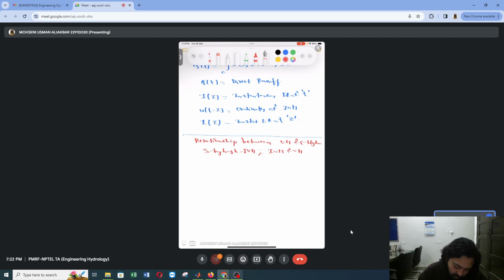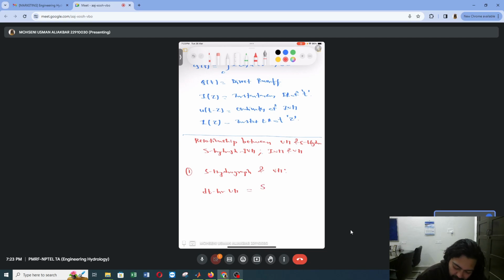We have just now seen this relation, that is the relationship between S hydrograph and unit hydrograph. This relationship is nothing but, if we know an S hydrograph, right? Let us say we have a dtr unit hydrograph, and that dtr is very small, and we want to know the unit hydrograph for it.